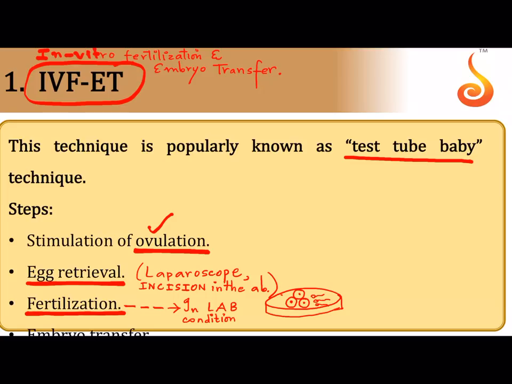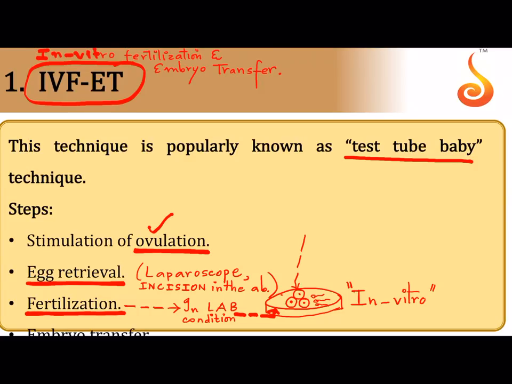Where is the fertilization taking place? Is it taking place in the fallopian tube of the mother? No. It is taking place in a glass dish, in a petri dish, in a lab condition. So it is not under natural conditions, it is a lab condition. That's why it is called in vitro fertilization.